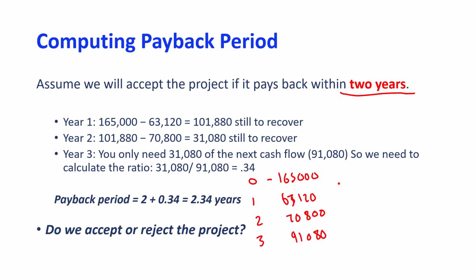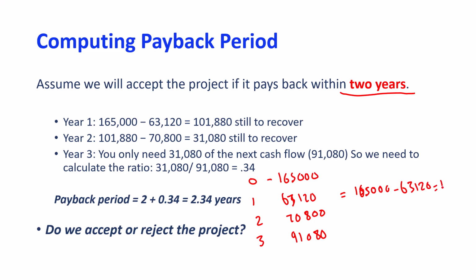How do we do this? First of all, we're going to subtract the future cash flows from the cost until we get to zero, until we get to a break-even point. So in the first year, we have $165,000 cost minus $63,120.